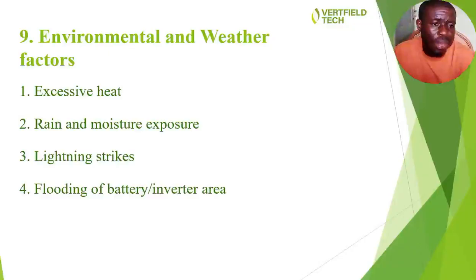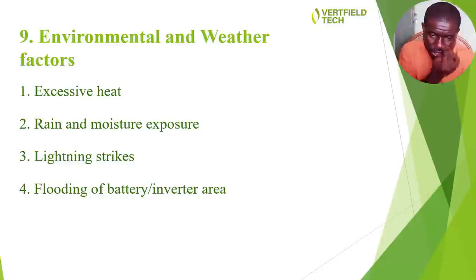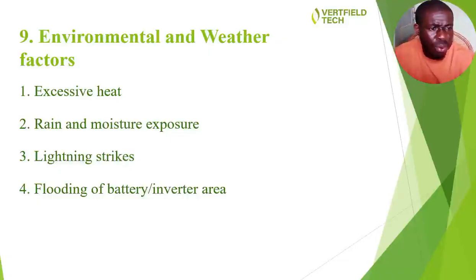The solar panel's temperature at STC, the standard test condition, is put at 25 degrees centigrade. And it is proven that once your temperature is too far above this 25 degrees centigrade, which is equivalent to 77 degrees Fahrenheit, your solar panels might tend to misbehave. The solar panel might tend to fail.